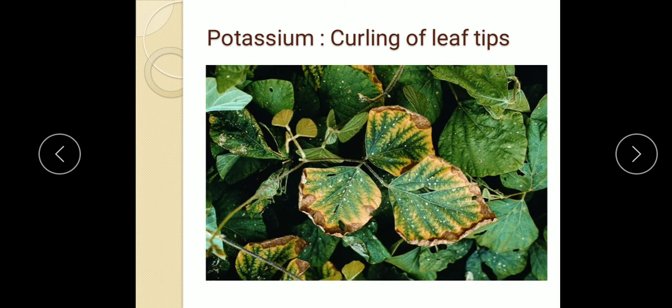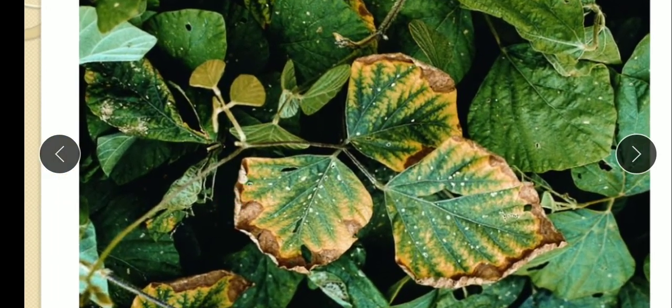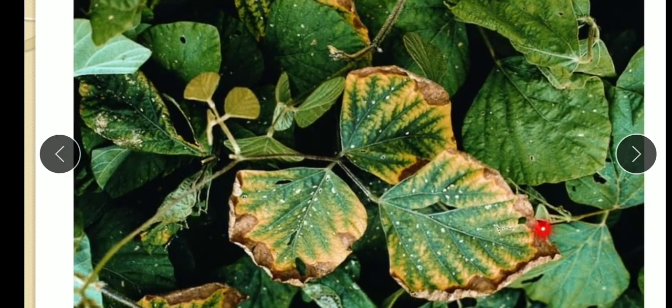Now next disease we will see is curling of leaf tips. Okay, so this is due to the deficiency of potassium. You can see that due to deficiency of potassium, the leaf tips may curl.